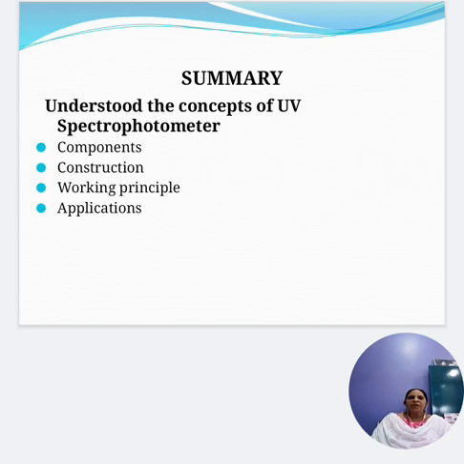That radiation is passed through the monochromator, which produces radiation of a specific wavelength, and when this radiation is passed through the sample, the sample absorbs some of it. When this radiation falls on the photodetector, the detector gives the output.